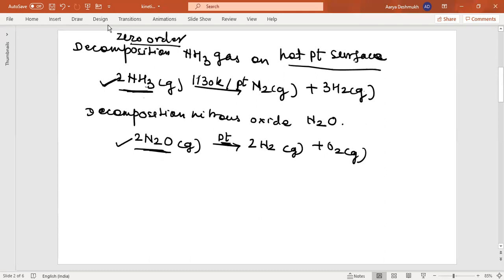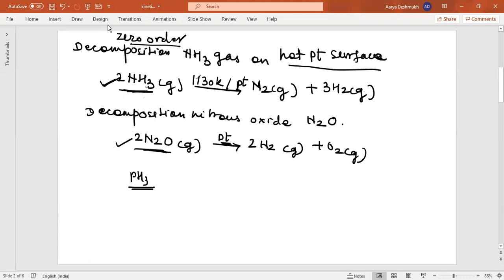Next is catalytic decomposition of PH3 on hot tungsten at high pressure. The same is true for this reaction also. That is, the surface of this tungsten gets completely covered by the PH3 molecules, phosphorus hydride, isn't it?